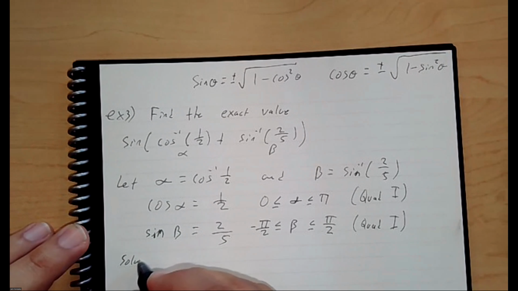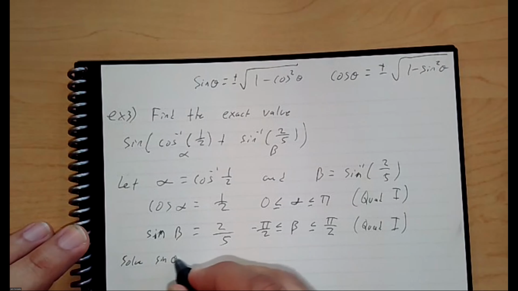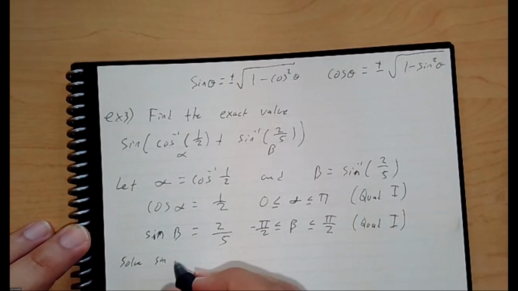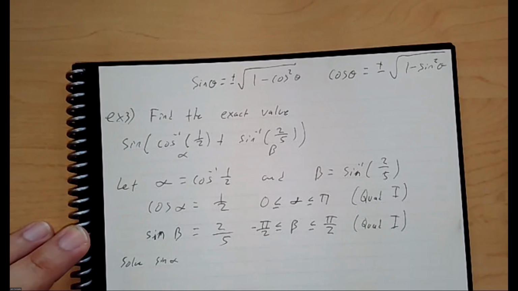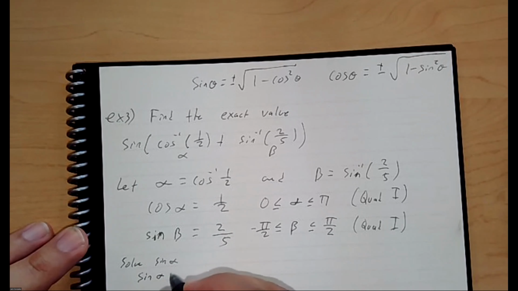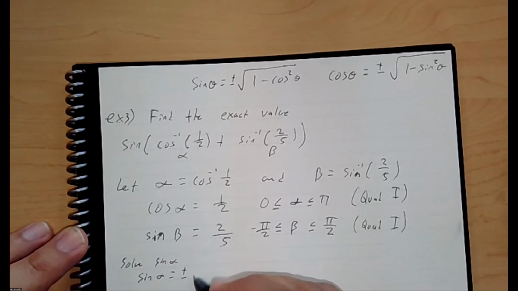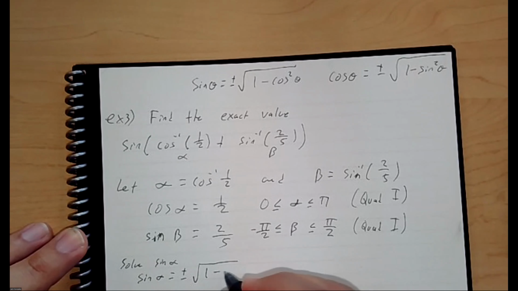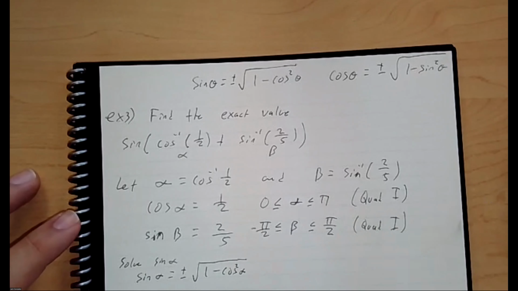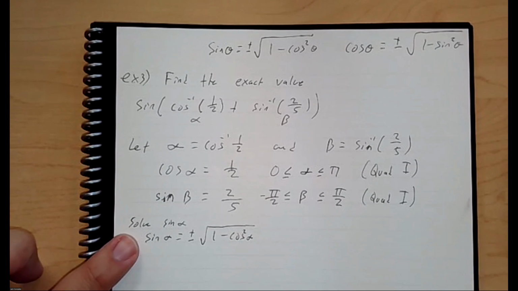So the first step here is to solve for sine alpha, alpha, not theta. Sine alpha will equal plus or minus the square root of 1 minus cosine alpha squared. So this is where you need to decide: is sine negative?